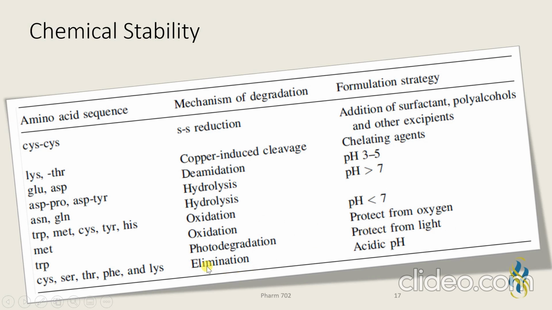Beta elimination reactions can occur in amino acids like cysteine, serine, threonine, phenylalanine and lysine, and the formulation strategy is... that was all about the protein stability.